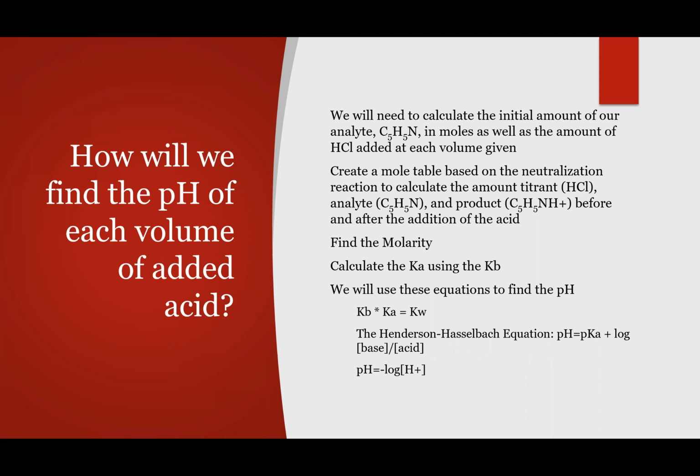Next, we'll find the molarity using the amount of moles left over after the addition of the acid divided by total volume. Then we'll calculate the Ka using the Kb with the relationship between Ka, Kb, and Kw, which is the equation there. We'll use the Henderson-Hasselbalch equation in problem A, pH equals pKa plus log of the concentration of base divided by the concentration of acid. And later, we'll use the pH equation, pH equals negative log of the concentration of acid.